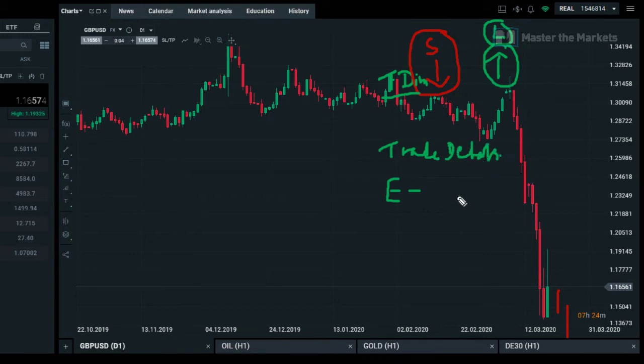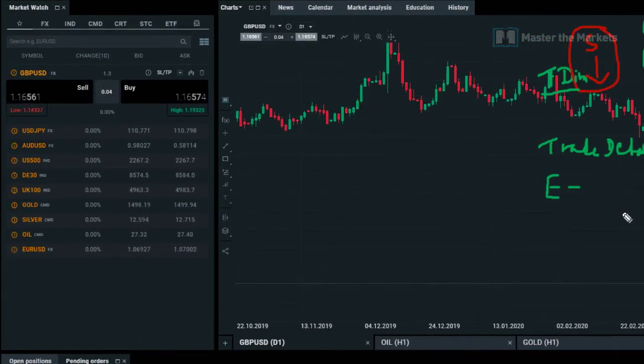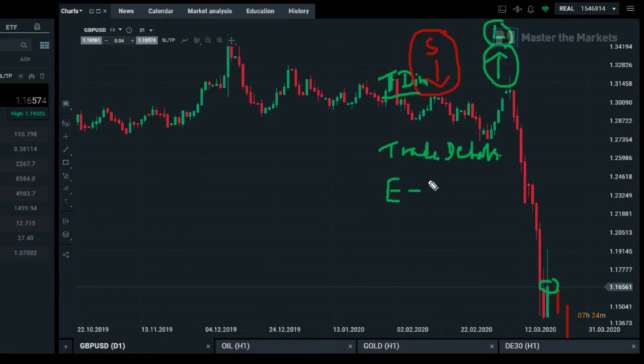The first thing is to know your entry level. For example, if I enter on the close over here, that was 116.56. So 116.56 is my sell price over here, and then the next part is my stop loss.